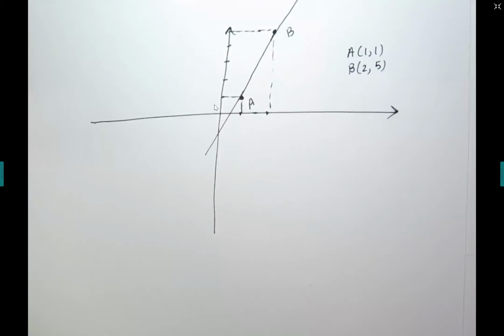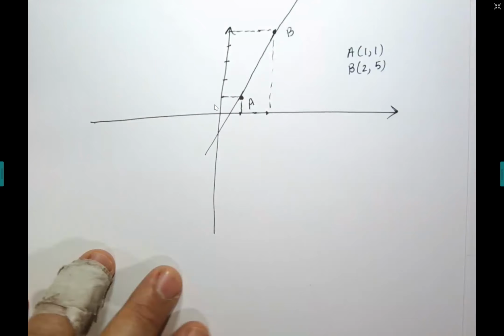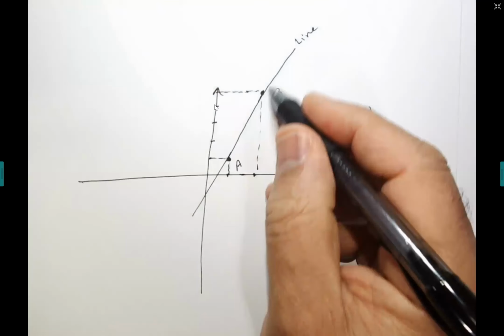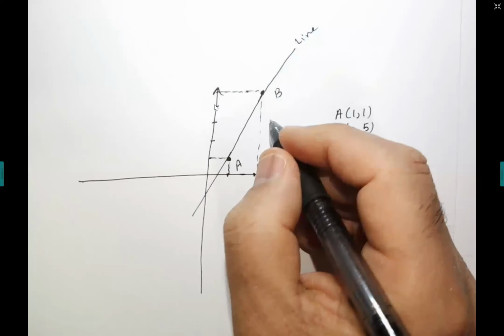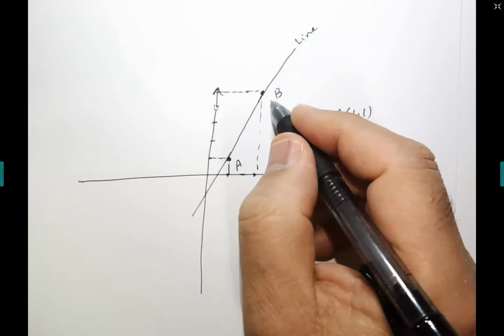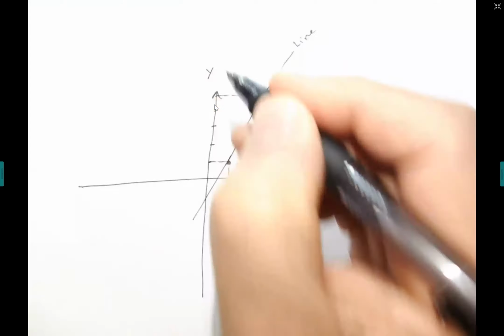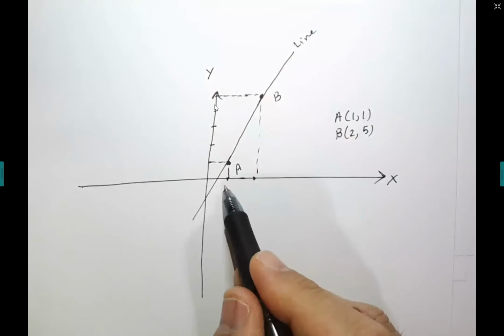Okay. Just talk about this and we will be done. This is the line. Please pay attention to what I'm gonna say. This line, as you can see, this is the x-axis, this is the y-axis. It's pointing up.